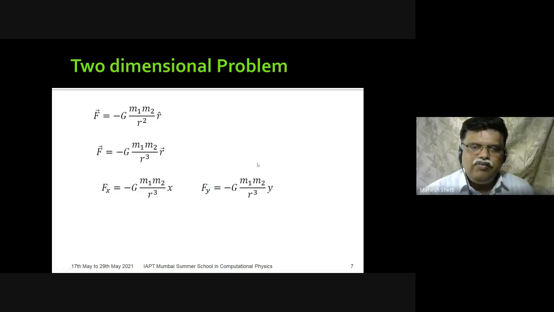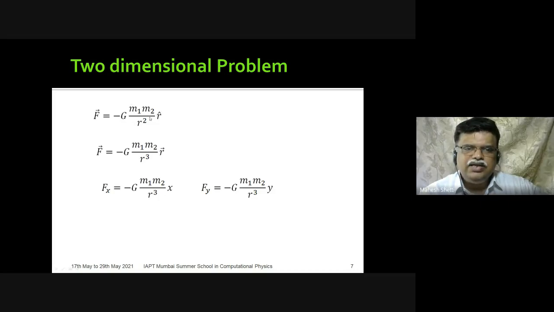Let us look at how we are going to write this equation. So first thing is you write this force equation. So force is equal to minus G m1 m2 upon r square r cap. Minus sign indicating that it is an attractive force. It is inverse square law, and r cap tells you that it is a unit vector in the radial direction and it is a radially inward force.